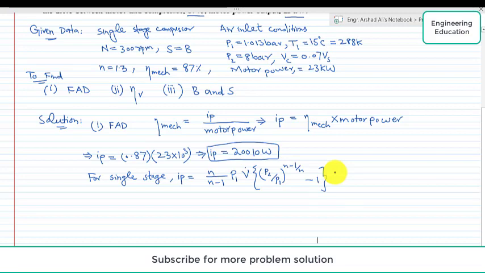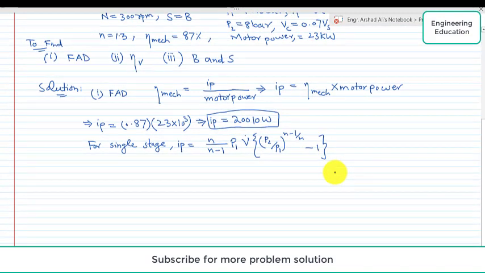Putting the values, we can find the value of V dot, which is unknown in this expression. The pressures and polytropic index are given. The only unknown is V dot, which in this case is actually the free air delivery. So we are interested to find this V dot.